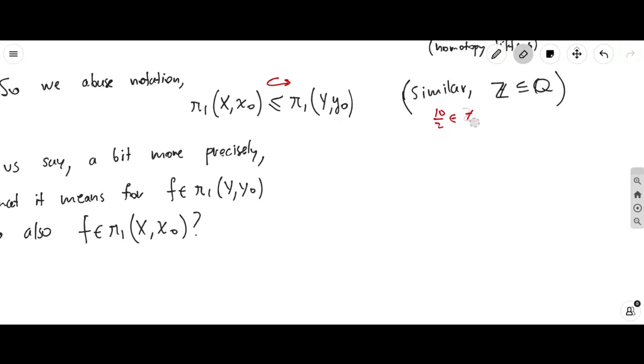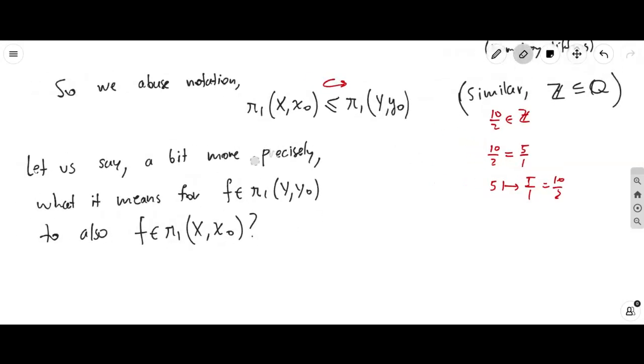Now, it does not really belong to the integers. It's a rational number, but what we mean is 10 over 2 is equivalent to 5 over 1, right? Because Q is really equivalence classes of these fractions. So you could map 5 into 5 over 1, which is 10 over 2. So you can find 10 over 2 comes from an image of Z. But we write 10 over 2 belongs to Z.